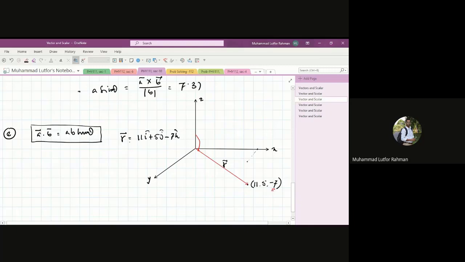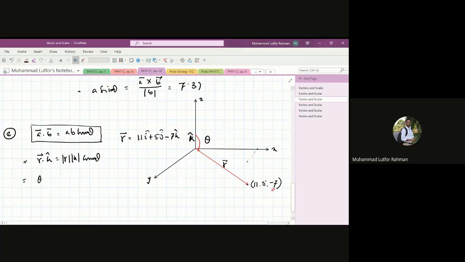Then what is the second vector? Second vector I can consider a unit vector which has magnitude unity in the direction of the Z axis, right? Which is k hat actually. In that case it will be R dot K equals magnitude of R, magnitude of K into cos theta. That will give me that angle theta between the Z axis and the R vector.